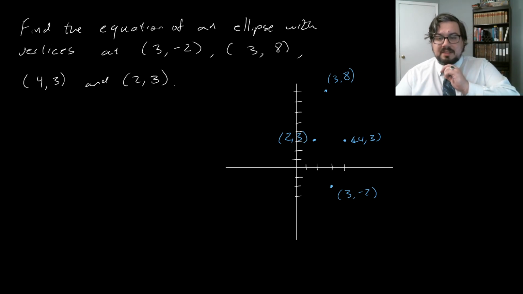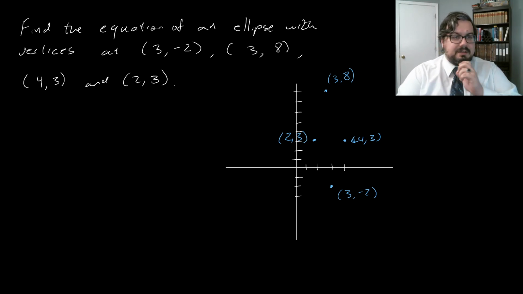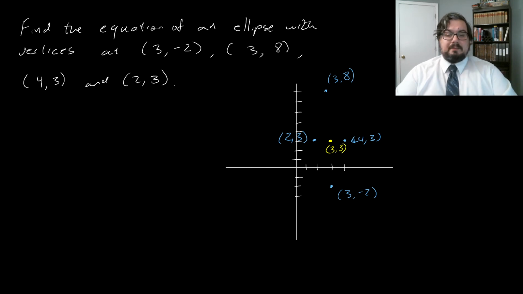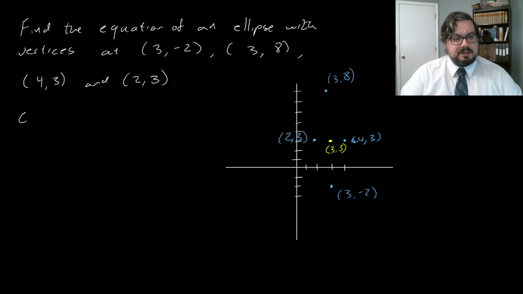Now, one thing that we do need to figure out in these cases is what the center is. And if you have two of the vertices, then the center is always the point that's halfway in between them, the midpoint of the segment connecting them. So in this case, if we take the two vertices 2 comma 3 and 4 comma 3, we can see that the midpoint of those two is 3 comma 3. So we know that the center is 3 comma 3.